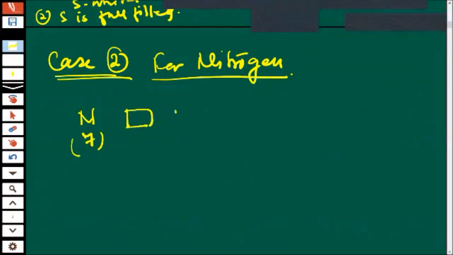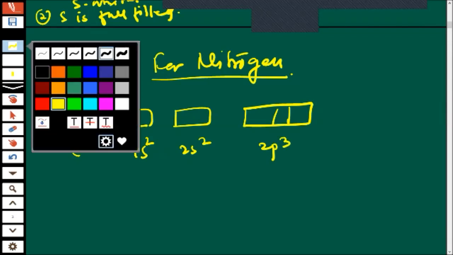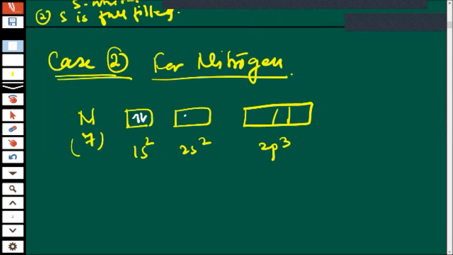This is 1s, this is 2s, and this is 2p: 1s2, 2s2, and 2p3. In 1s 2 electrons are there. What is the special feature here?